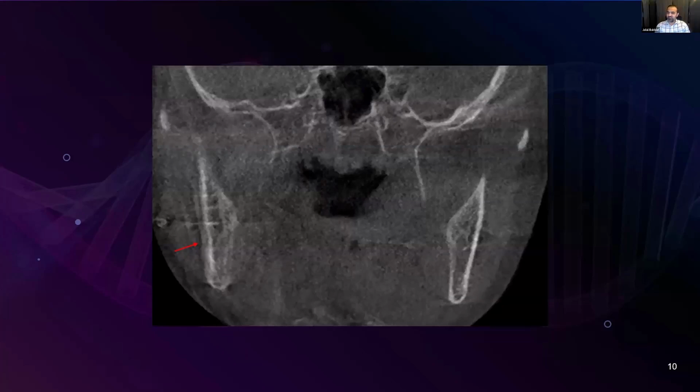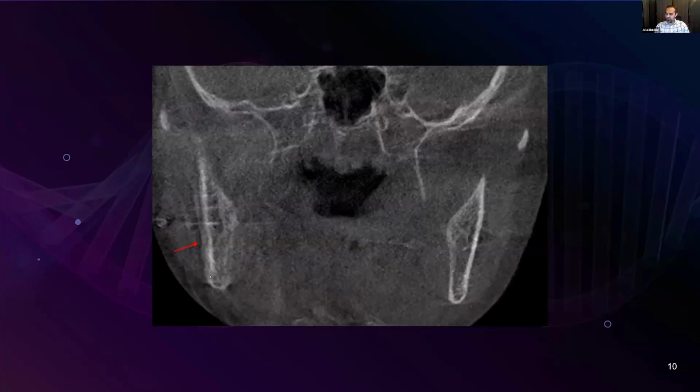So we're taking a look at this coronal section, focusing on the mandibular rami. When we look at the mandibular ramus on the right side and compare it to the left side, we see that the red arrow points towards an area of unsharpness of the mandibular ramus. Now, here's where that double line effect can be properly seen.